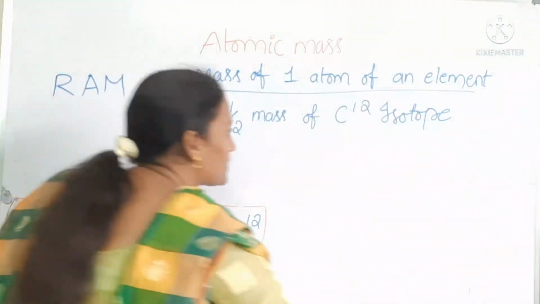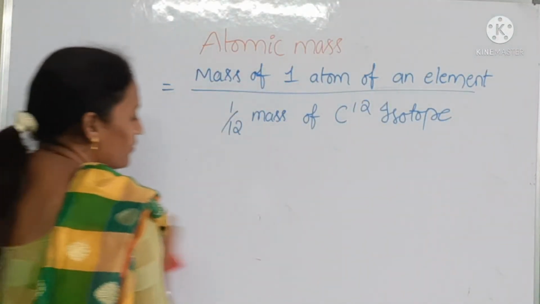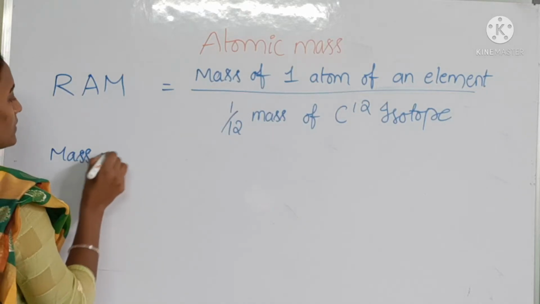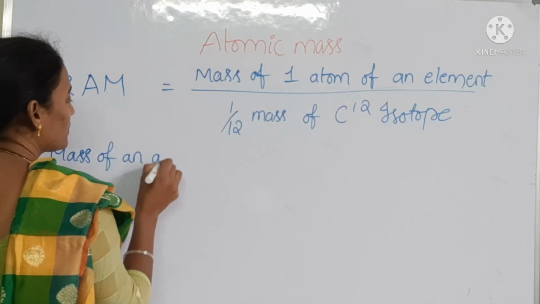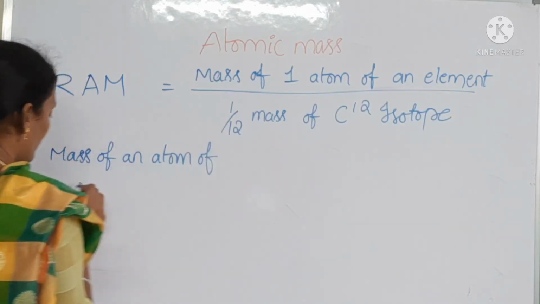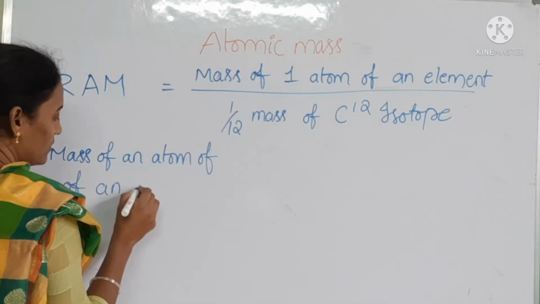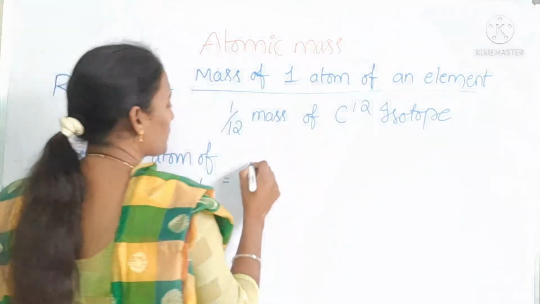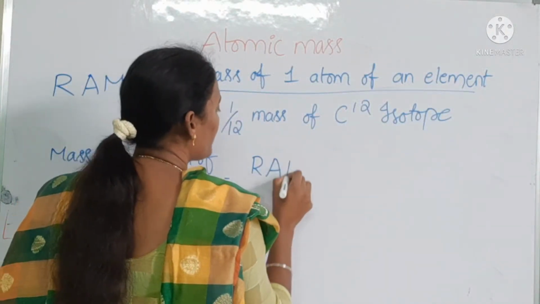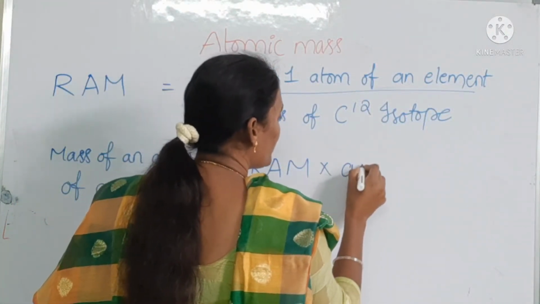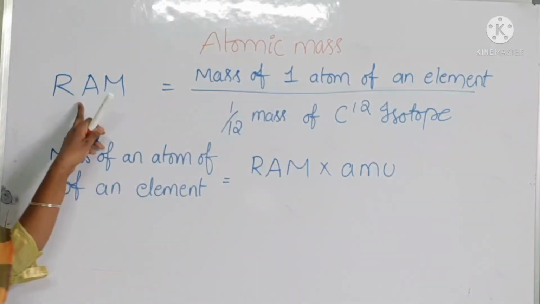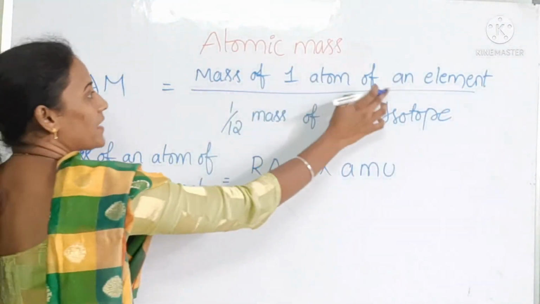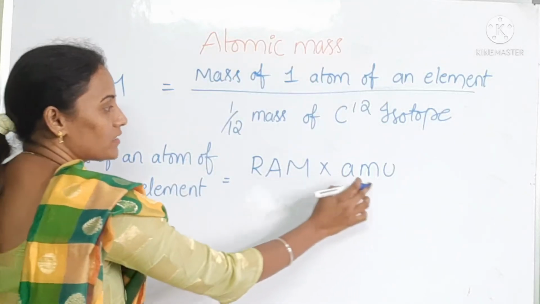But if you want to extract the mass of an atom of an element, the mass of an atom of an element is equal to relative atomic mass into AMU. This value is equal to AMU, students.